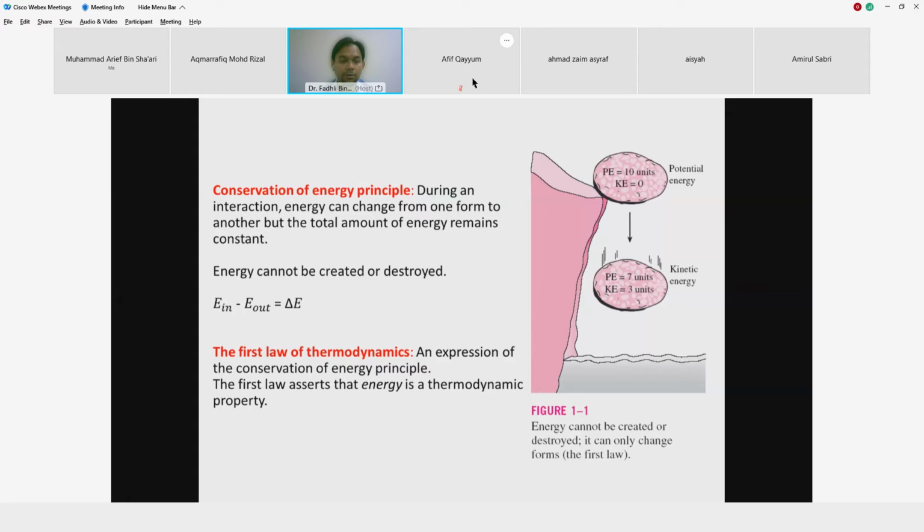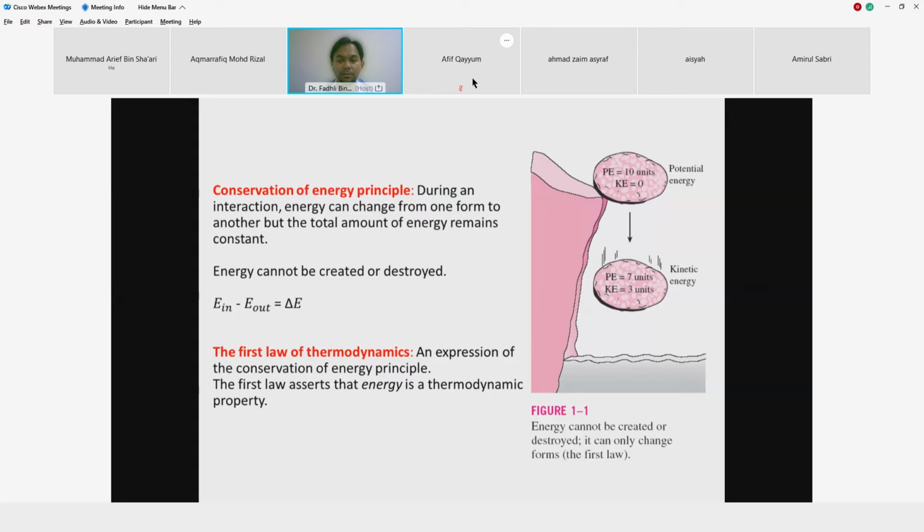So therefore, from this statement or from this phenomenon, this equation comes out: E in minus E out equals delta E system. E in means initial, okay, initial or E1. E out means E number 2, E final. Yang kedua.